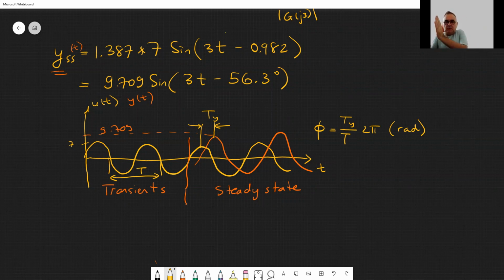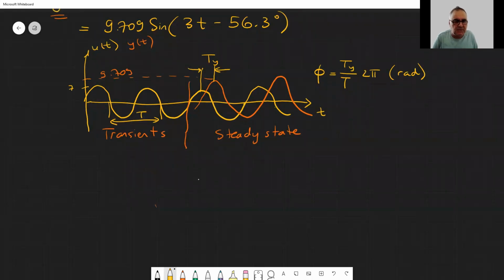How your signal shifts with respect to the input, okay? There will be a phase shift in the output. That's what this thing shows.